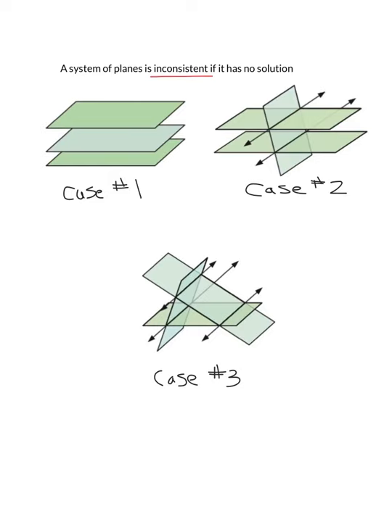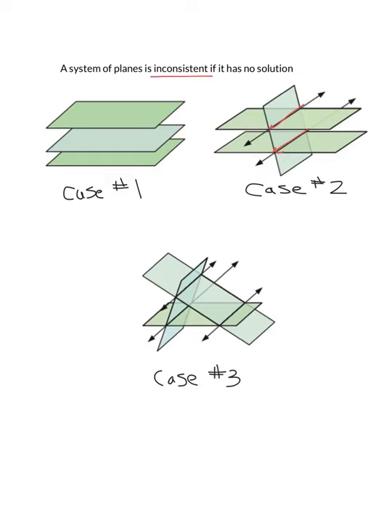Case number 2, we have two planes that are parallel with the third plane crossing through them. So when I look at this diagram here, I do have solutions just between two planes, but I have no solution for all three of the planes. All three of these planes never intersect at all.